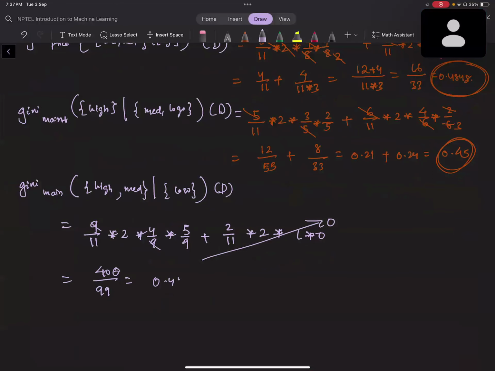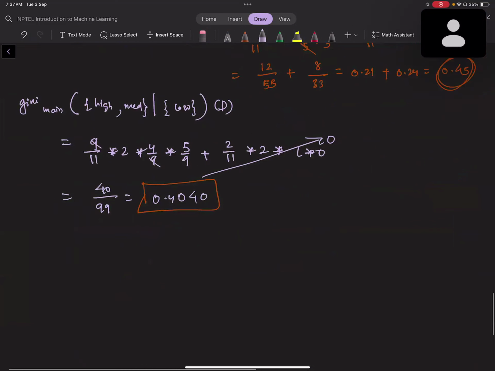So this will be the value of the third, and the fourth is capacity 2 or 4.5.